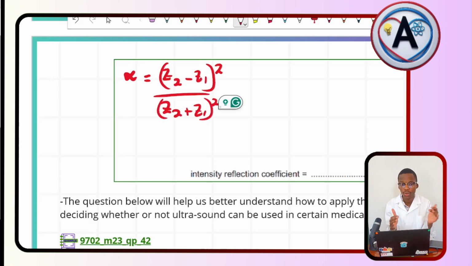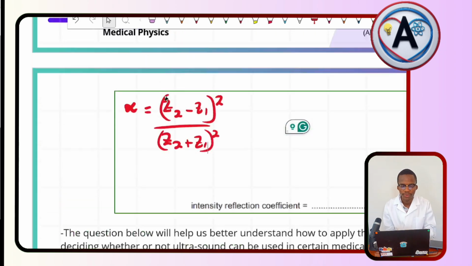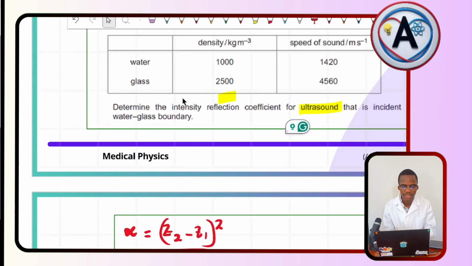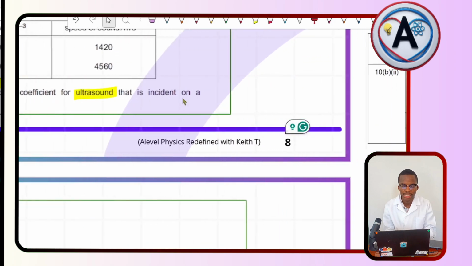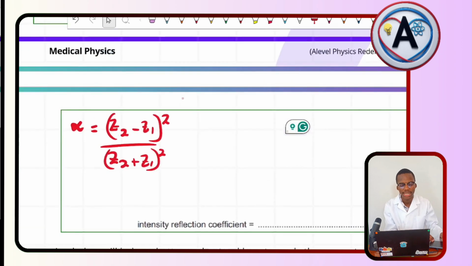Or Z2 minus Z1 over Z2 plus Z1, all of that together squared. Okay. Then the first one that we need is to find the Z for water, then to find the Z for glass, essentially.